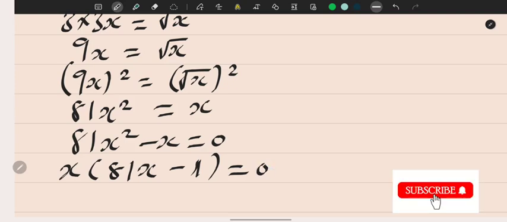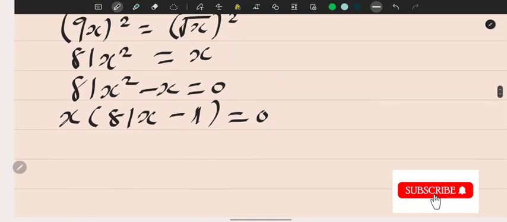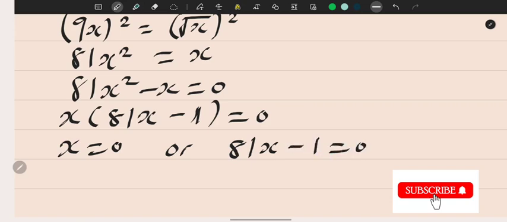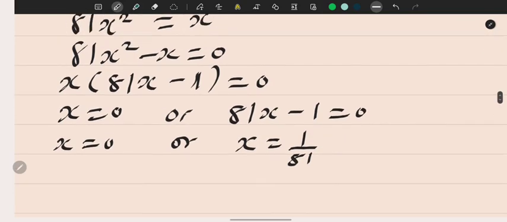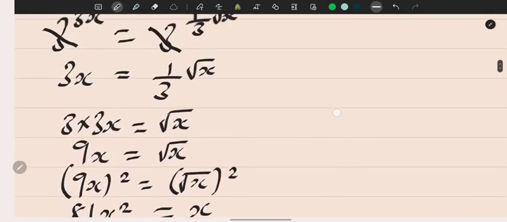What this means is that the product of two factors is 0, so one of the factors must be 0, which implies that x equals 0, or 81x minus 1 equals 0. So from here you obtain x equals 0, or x equals 1 over 81. So the two values of x are x equals 0 and x equals 1 over 81.